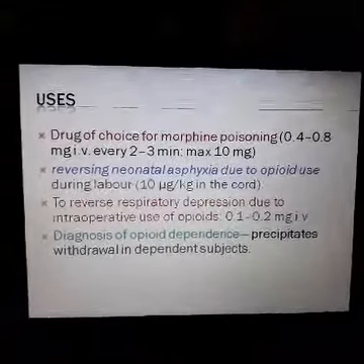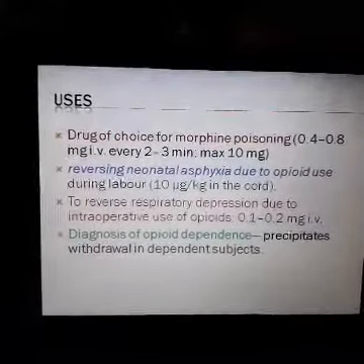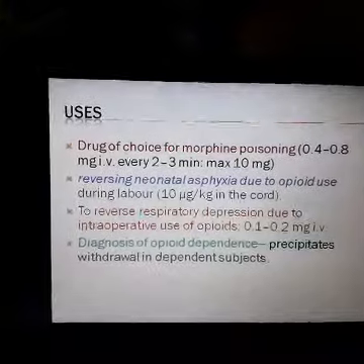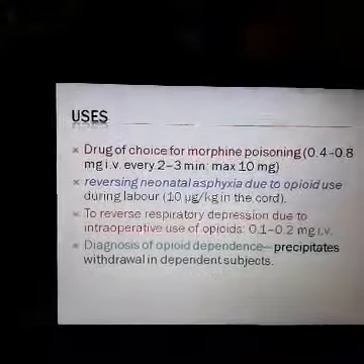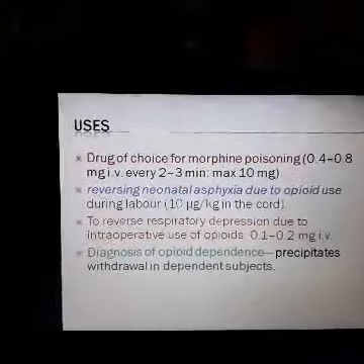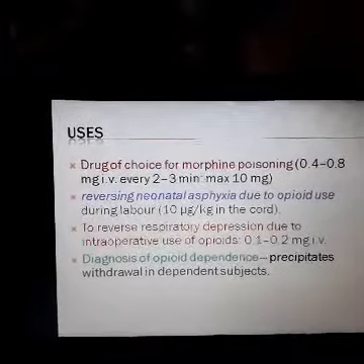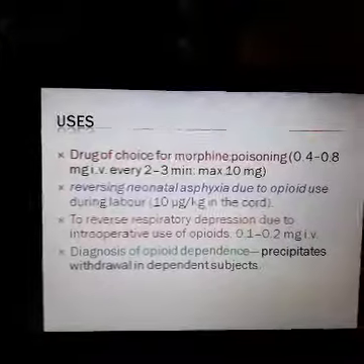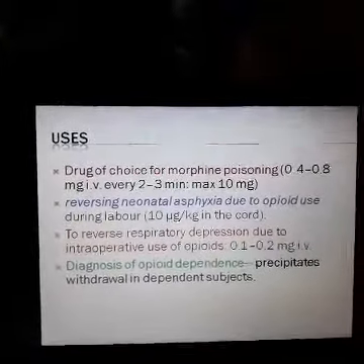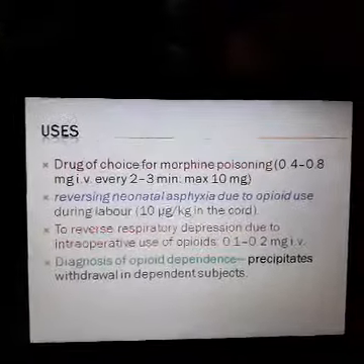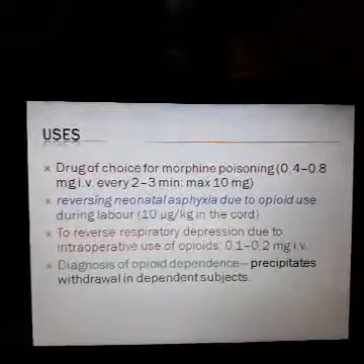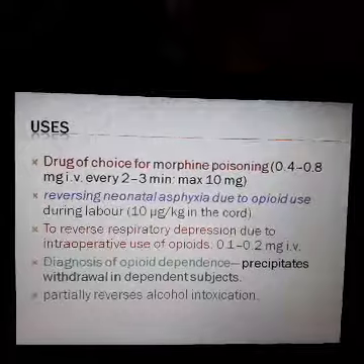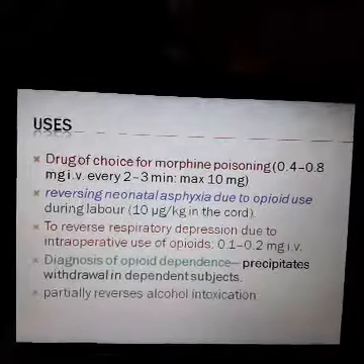But if our suspicion is high and naloxone is given, suddenly you will see that the patient exhibits withdrawal symptoms of opioids. Then it confirms that the patient was actually on opioids and was suppressing the truth. So for diagnosis of opioid dependence, because it is an antagonist, it precipitates withdrawal in dependent subjects, and it partially reverses alcohol intoxication.